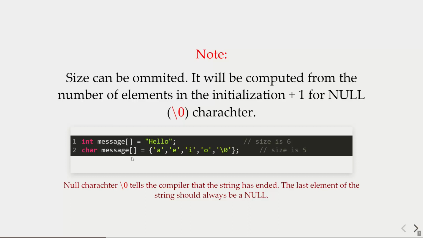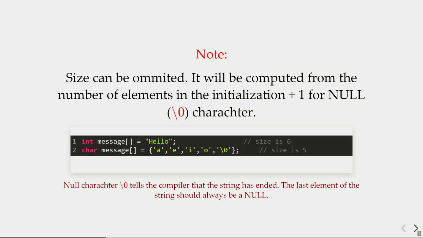Okay, then message, the second way in which I am specifying 4 different characters, A, E, I, O, and a terminating character. Since the terminating character is already there, the total count, the message size, will be 1, 2, 3, 4, and 5.